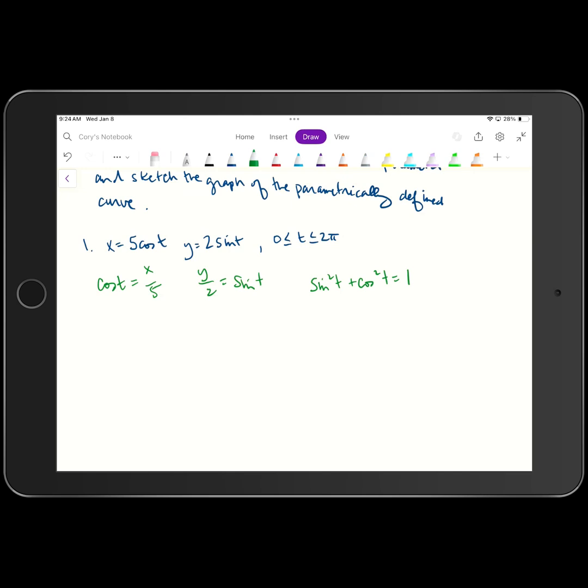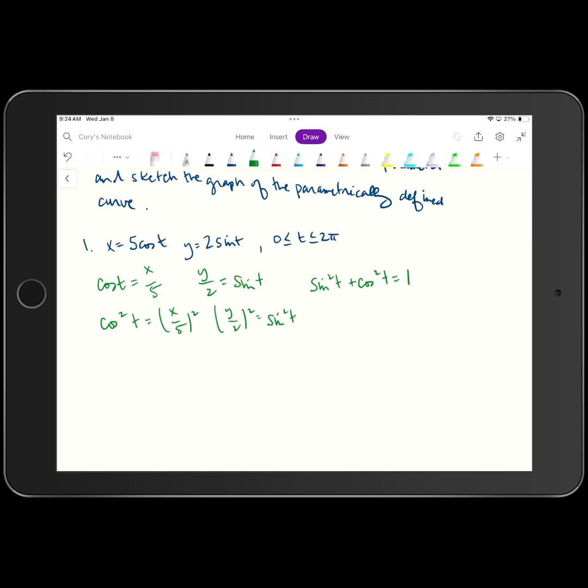Okay, so what I'm going to do then is square both sides of both of these equations. So we get the cosine squared of t equal to (x over 5) squared, and (y over 2) squared is going to be equal to the sine squared of t.